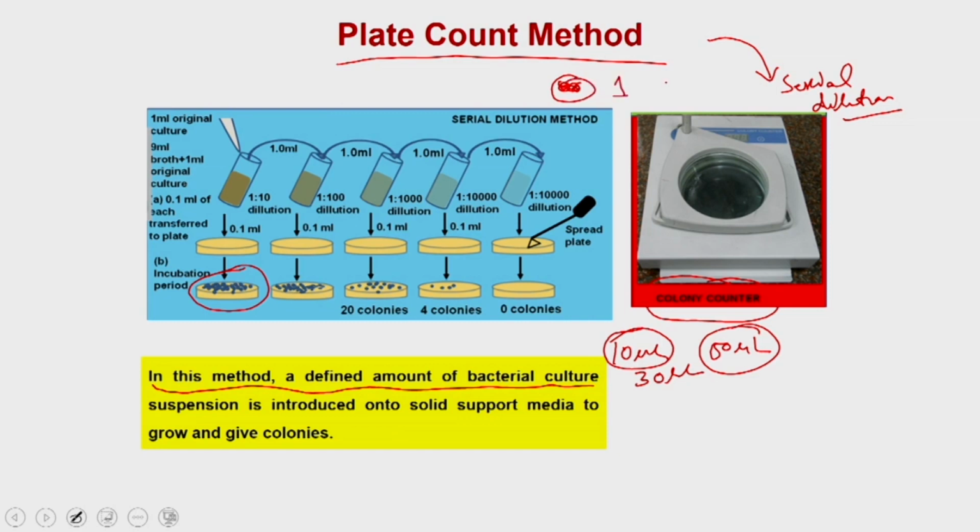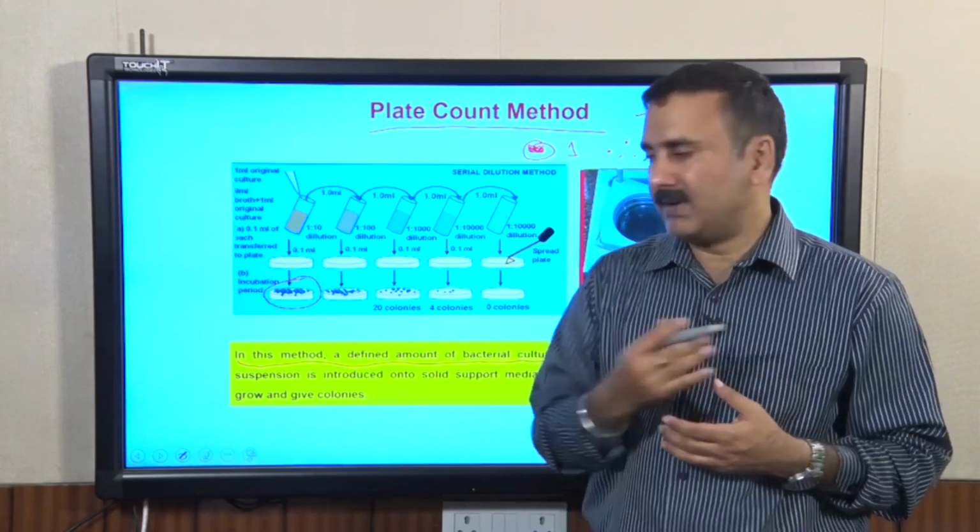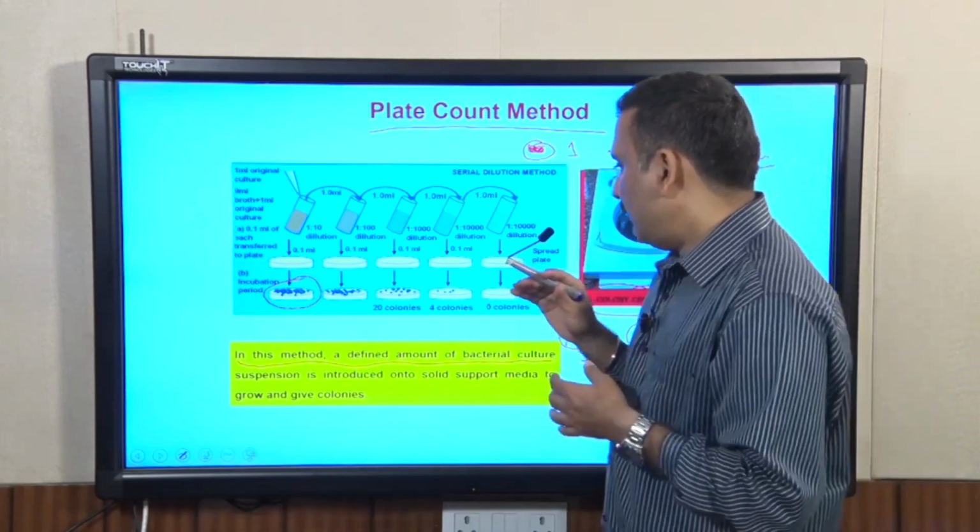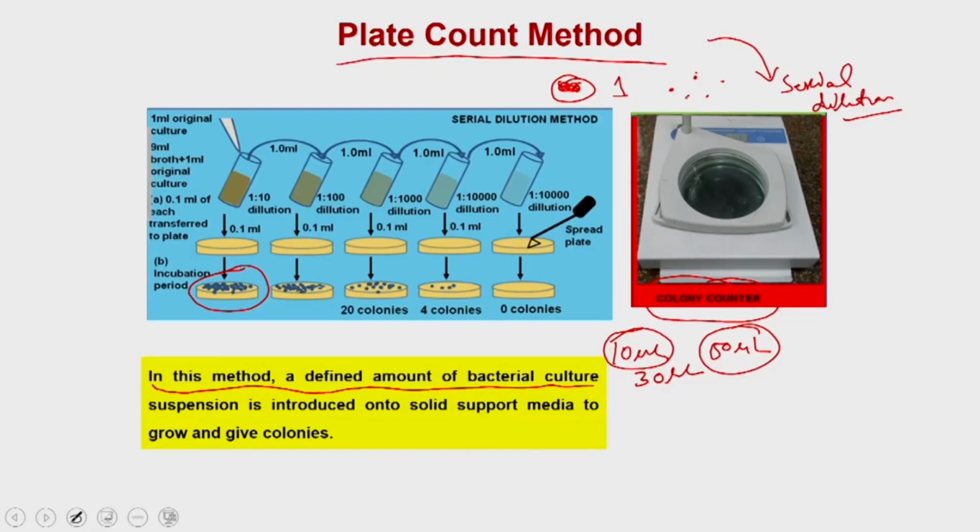In other cases, you may only have a couple of colonies, and these may not be statistically significant to give you the real number. So, you take a defined amount of bacterial culture and plate it onto a solid support media, so that the bacteria grow and give you colonies, as we have discussed here.